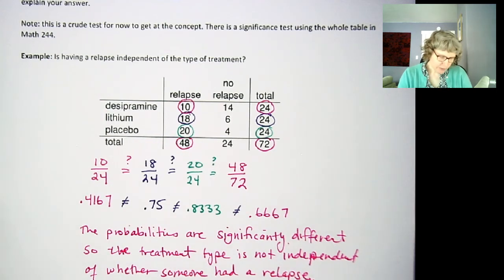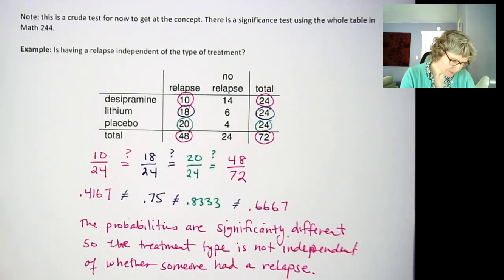I could have started with relapse: whether someone had a relapse was dependent on the type of treatment. That's a little bit better way to say it.